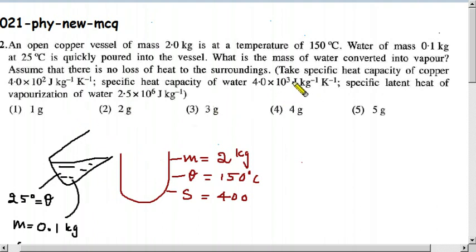So the water converted into vapor, that is what they ask. The first step is that the water goes to 100 degrees.